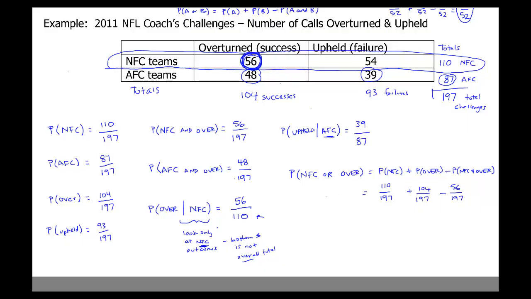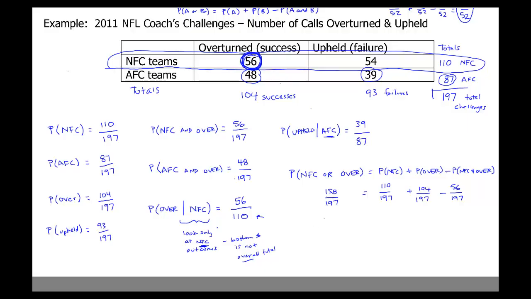And if you calculate that, we end up with 158 out of 197. Okay. You'll see if we didn't subtract the overlap, we'd have 110 plus 104, which would give us 214 out of 197, and that's impossible. Probabilities have to be between 0 and 1. So if you ever get something greater than 1, check and make sure that you've used the correct equation.